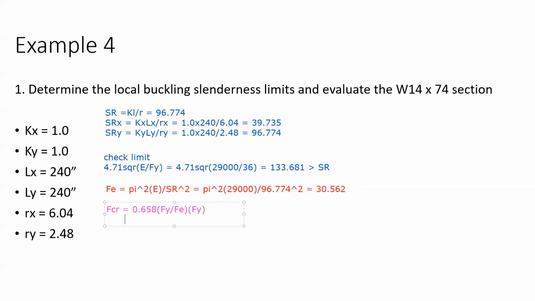So this is now 0.658. Fy natin is A36 still, that's 36 KSI, divided by Fe, we solve that as 30.562, times Fy na 36. So, makuha kaagad natin yung FCR.